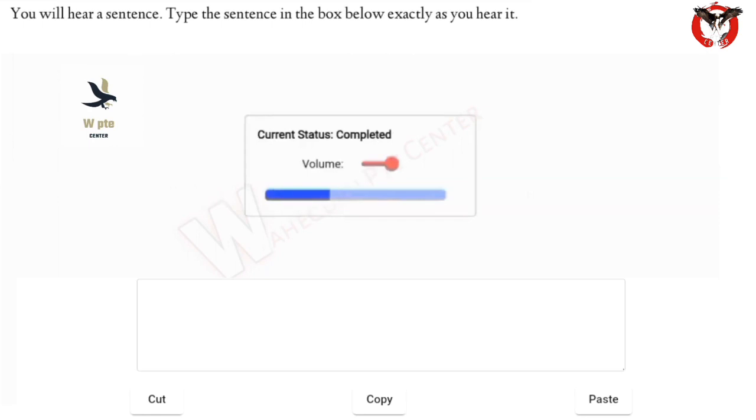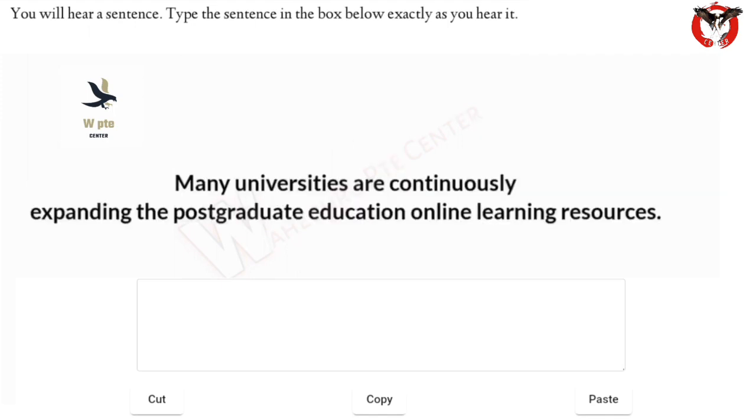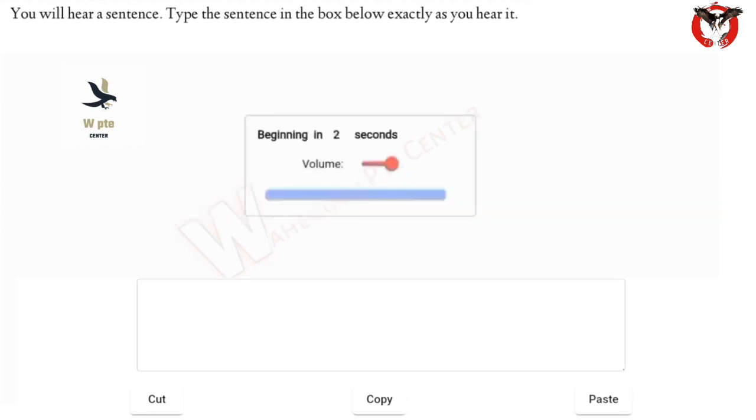Many universities are continuously expanding the postgraduate education online learning resources. This slide shows that there is minimal growth.